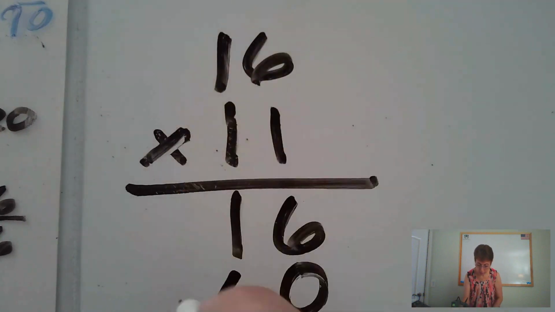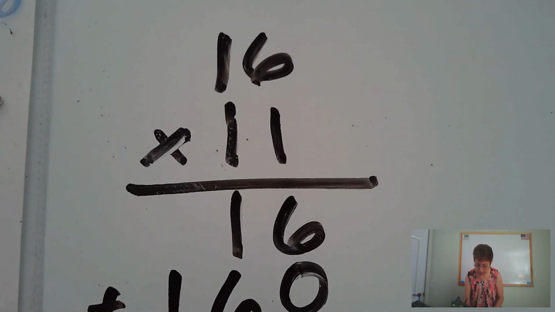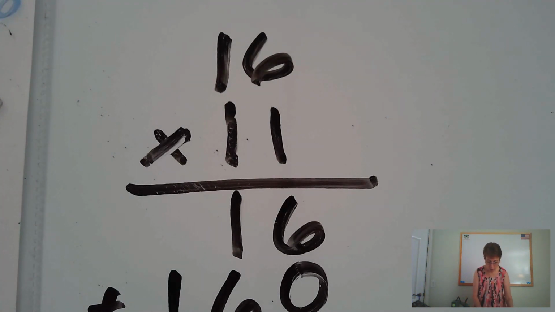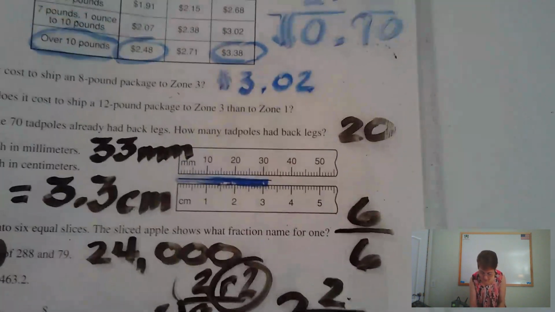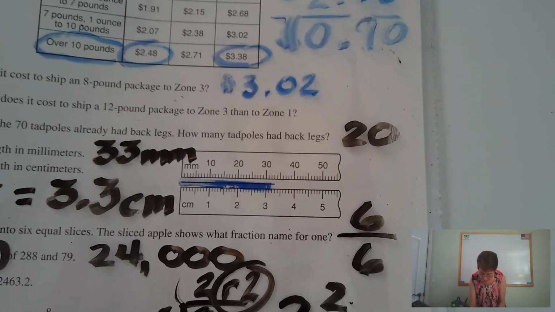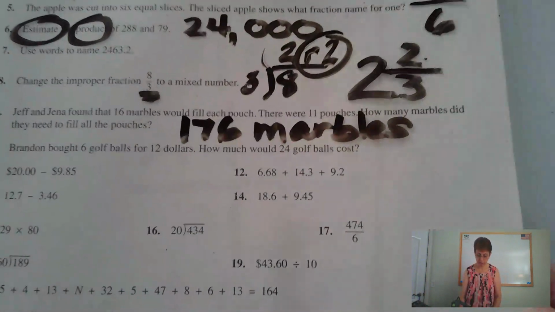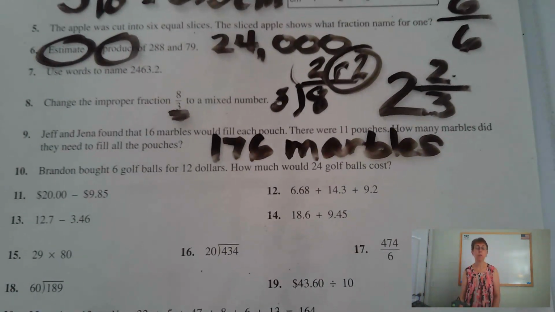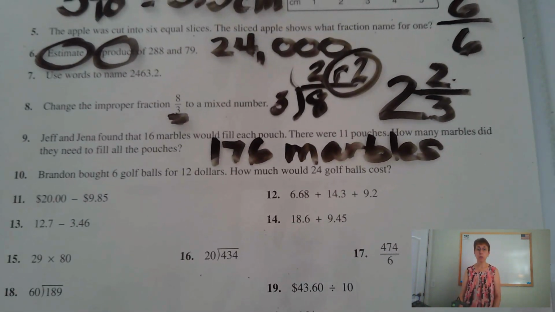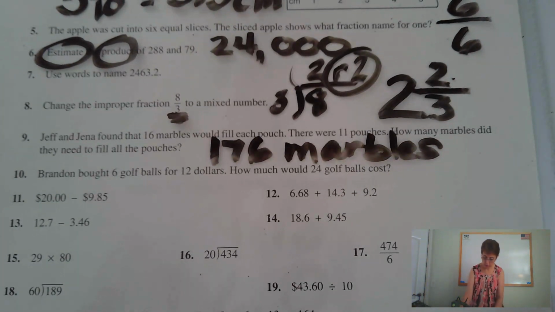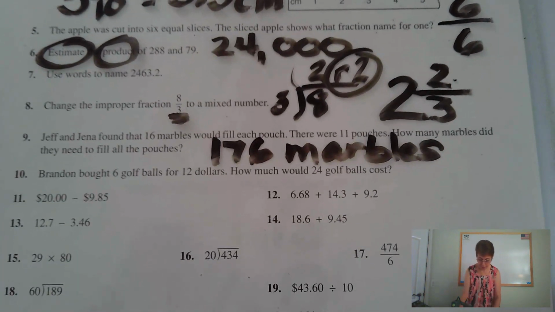And 1 times 1 is 1. And then add: 6, 7, 1. That would be 176 marbles. Okay. Again, you're very good at multiplication of 2 digits by 2 digits, so that shouldn't be difficult for you.